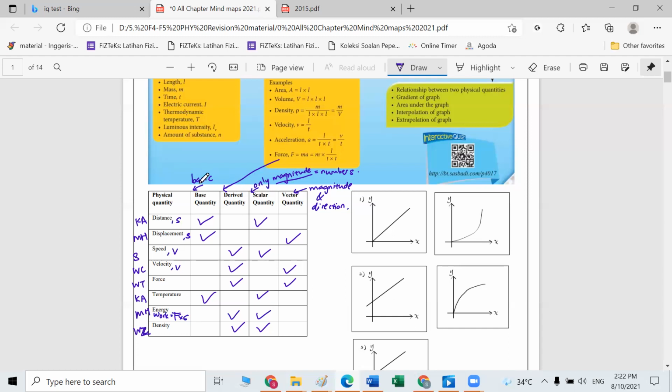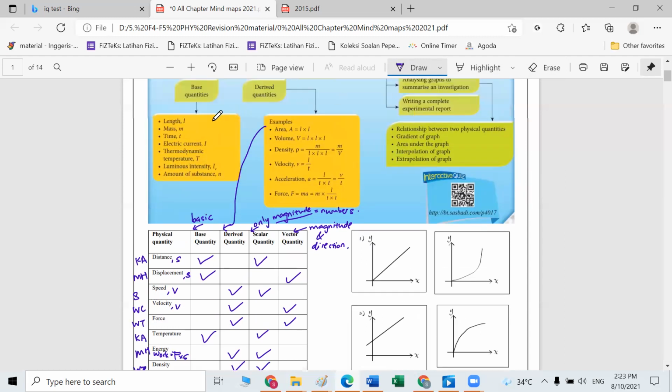Okay, so jot down already. You must jot down the meaning here too. Maybe you write an example. Derived. Base. Here base, basic means this. Basic means all of this.